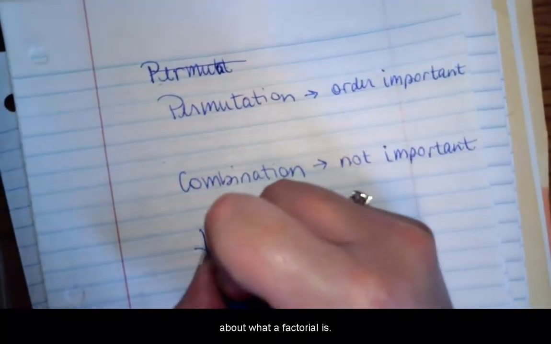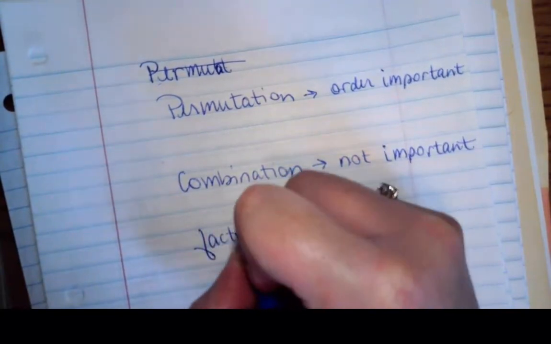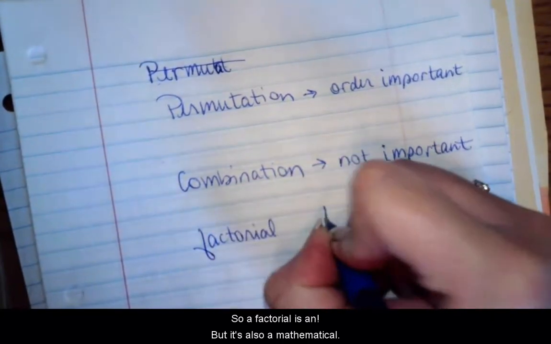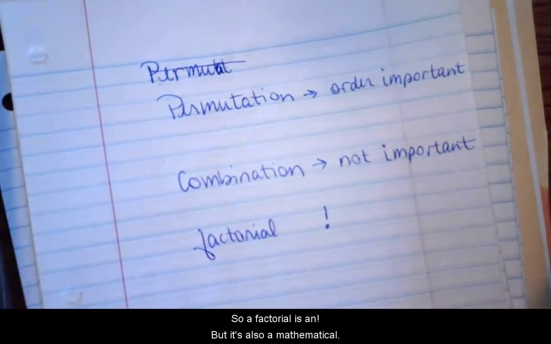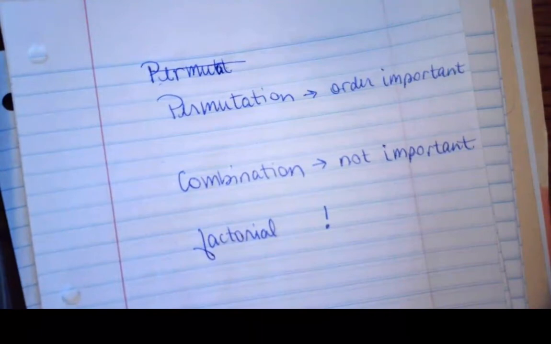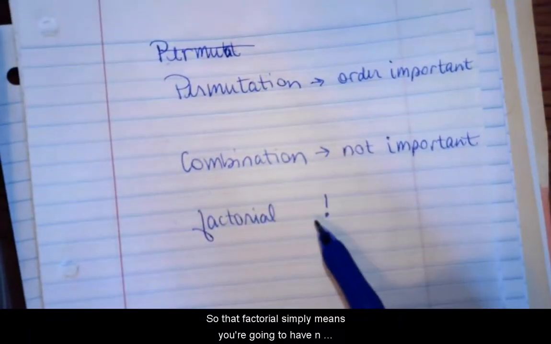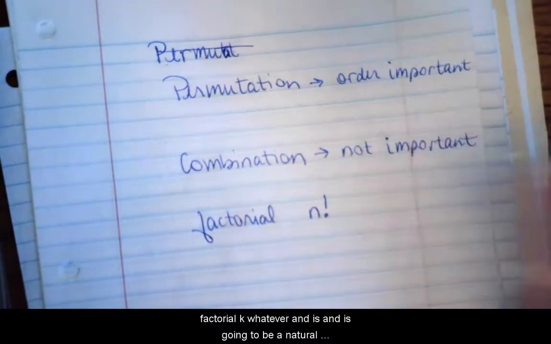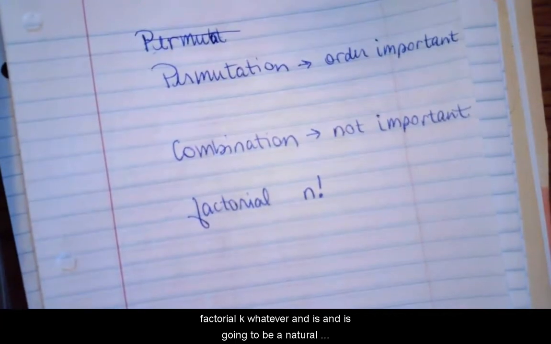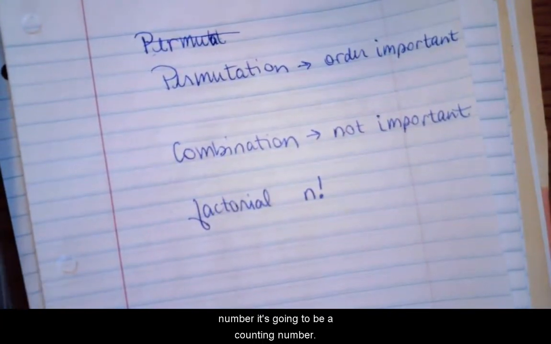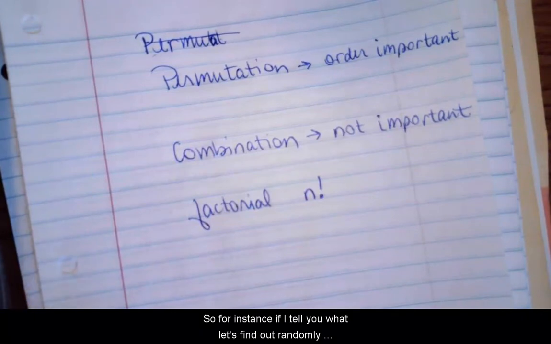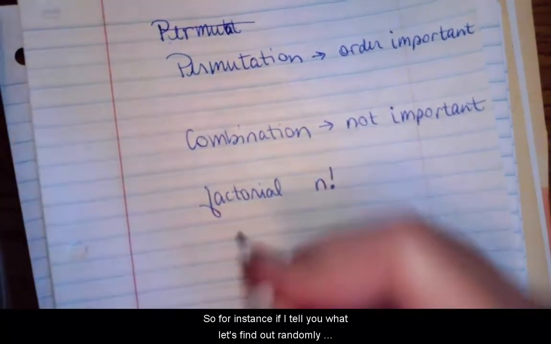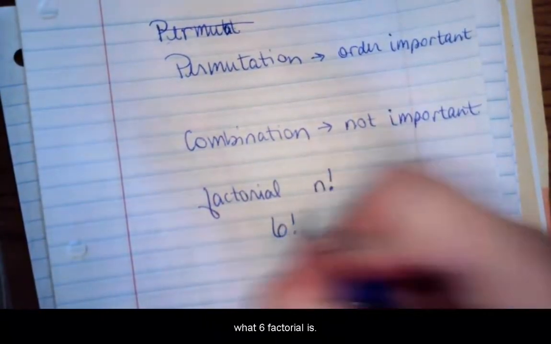We need to talk about what a factorial is. So a factorial is an exclamation point, but it's also a mathematical symbol. That factorial simply means you're going to have n factorial, whatever n is. N is going to be a natural number, a counting number. So for instance, let's find out randomly what 6 factorial is.